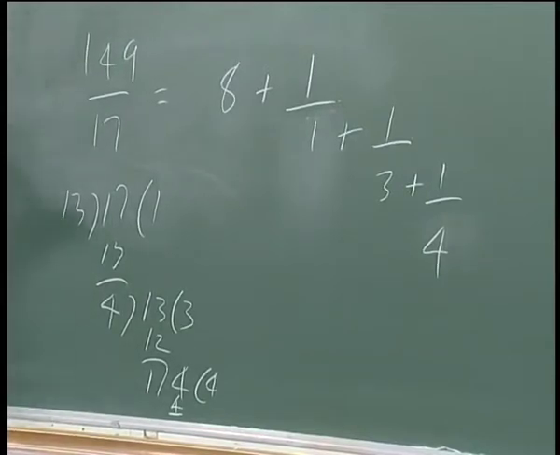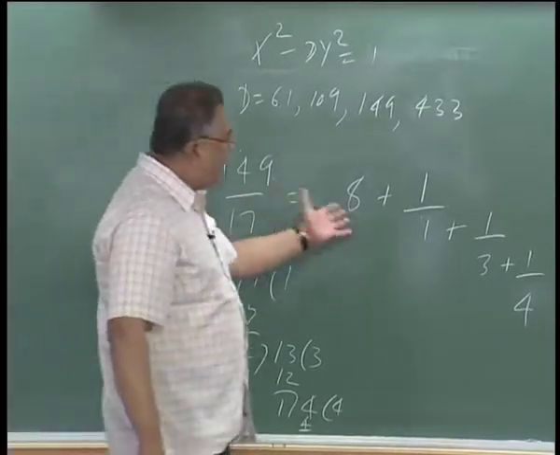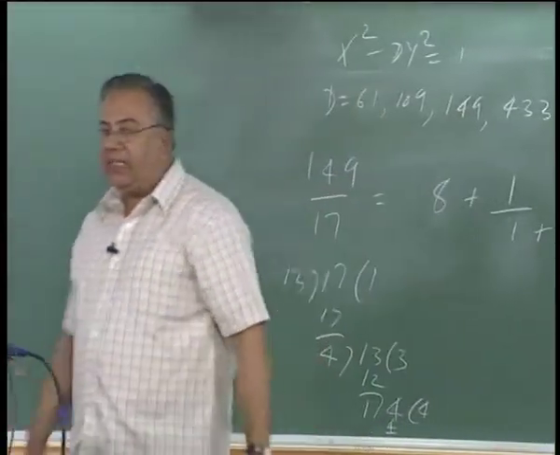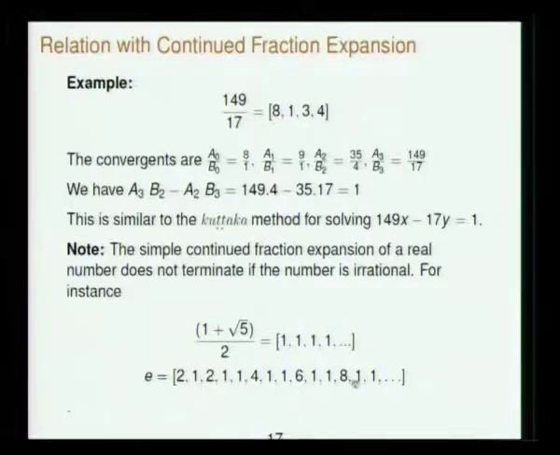By mutual division you can get the continued fraction for any rational number, and if it is a rational number the continued fraction terminates, and if it is an irrational number it does not terminate. Here are two irrational numbers which have a nice continued fraction: 1 plus root 5 by 2, called the golden ratio.